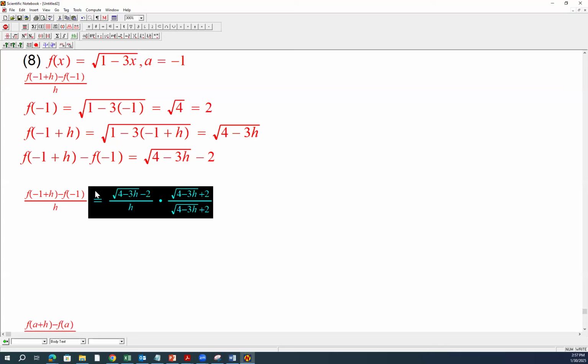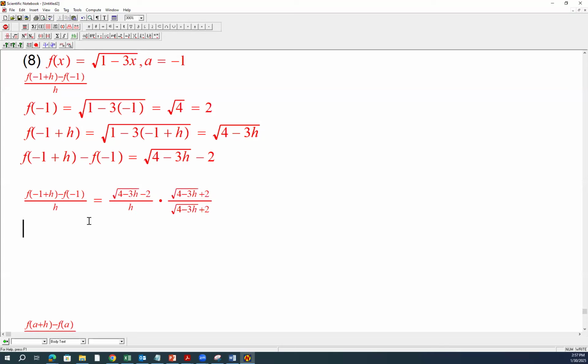Then moving forward, the denominator would take the h to multiply the other denominator, and numerator times numerator.